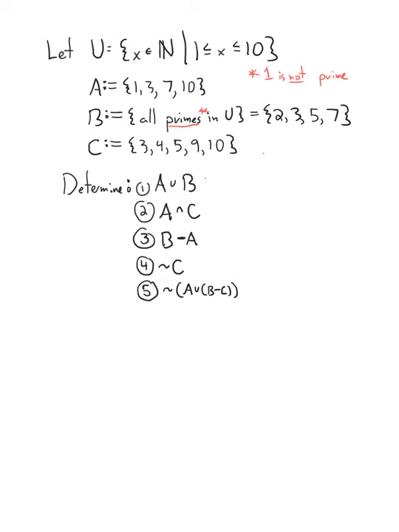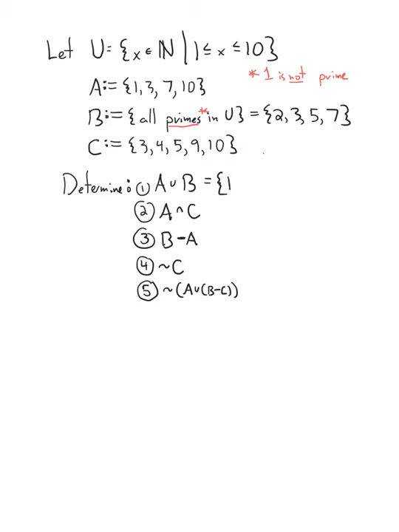So the union is everything in A or B. We have a 1, a 3, a 7, and a 10. We already have a 3 and a 7 in B, so we don't include them twice. They're already included. But we do have a 2 and a 5.